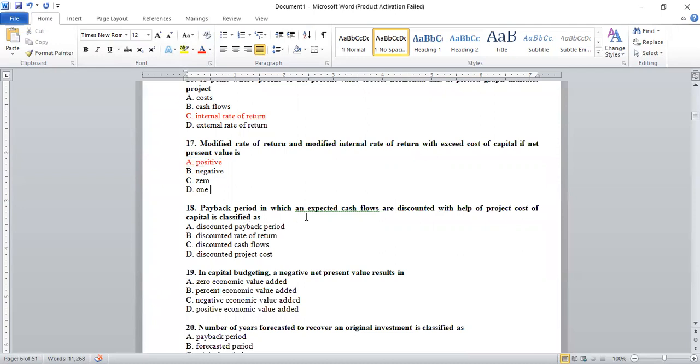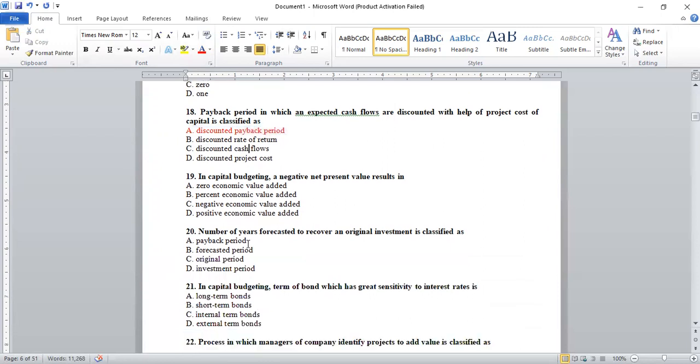Payback period in which expected cash flows are discounted with the project's cost of capital is classified as discounted payback period. In capital budgeting, a negative net present value results in negative economic value.